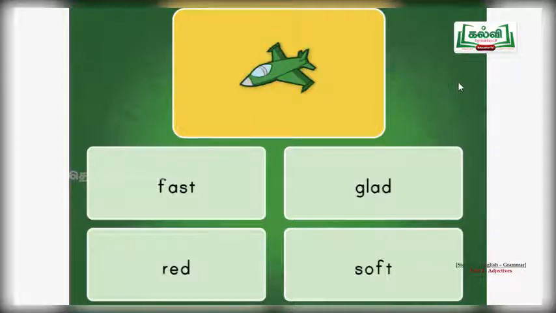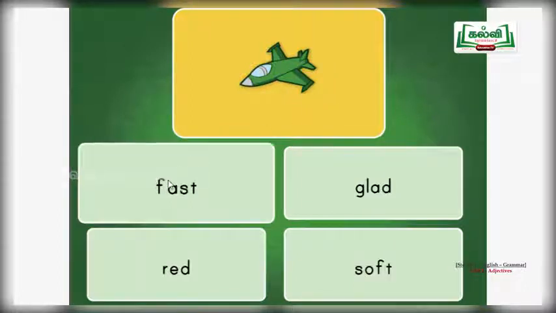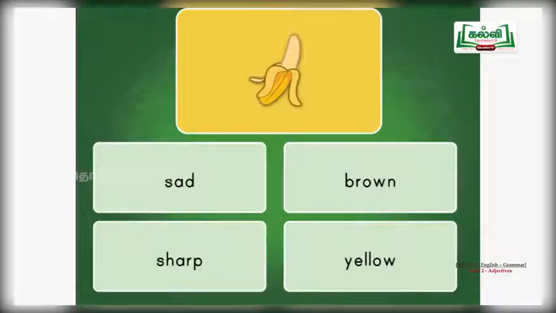We are seeing an aeroplane. Is it fast, glad, red or soft? It is not red, it is not glad and also it is not soft. So we can go with fast. Shall we check? Fast.